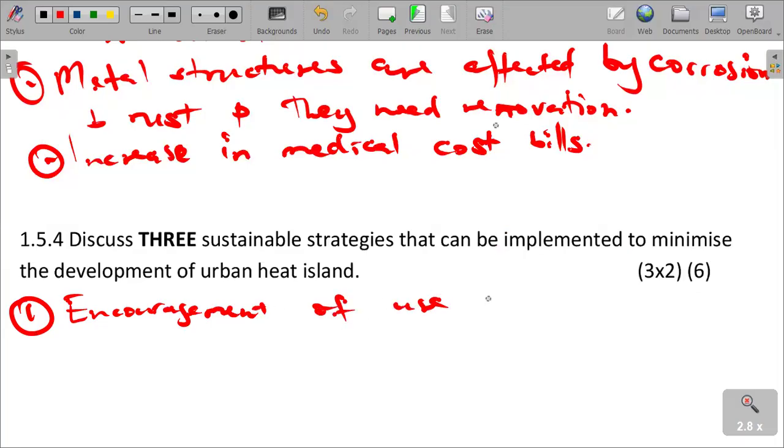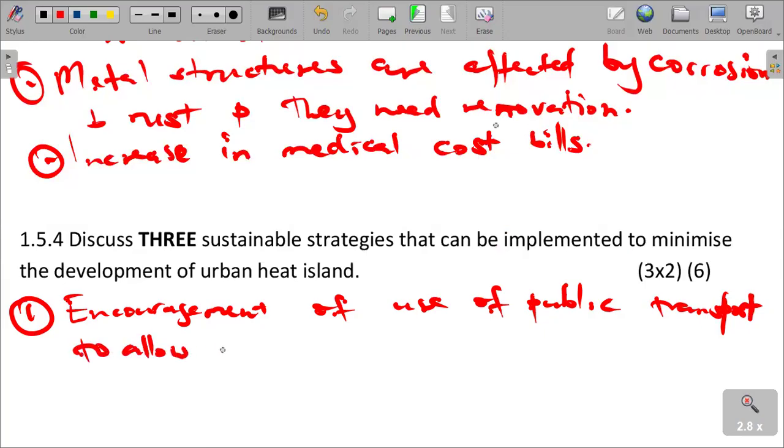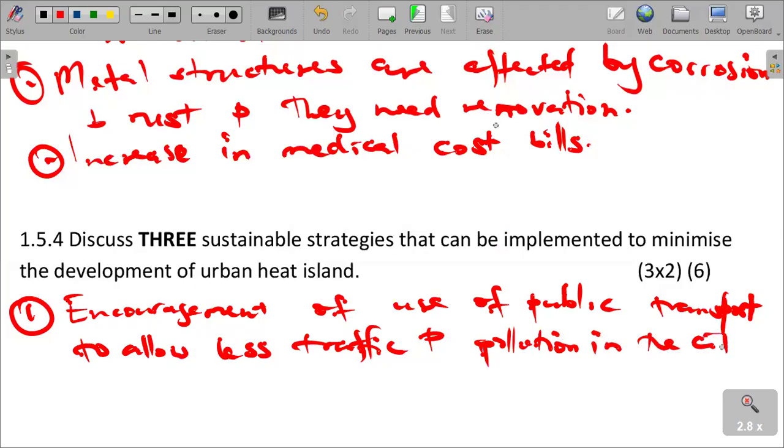Encouragement of use of public transport allows less traffic and pollution in the city. It reduces traffic congestion.